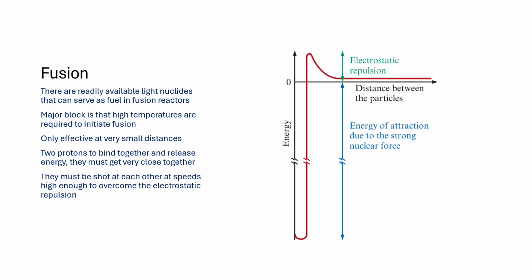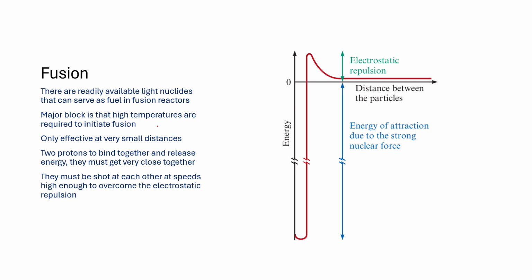The thing about fusion is that unlike uranium 235, which is heavy and can be depleted, you have light nuclides such as deuterium, hydrogen, and the proton, and they can serve as fuel in fusion reactors. The problem is you need high temperatures to initiate fusion.